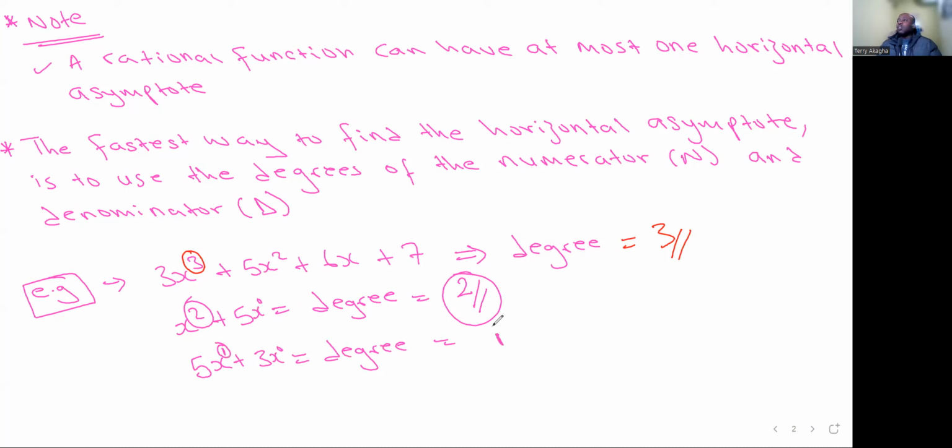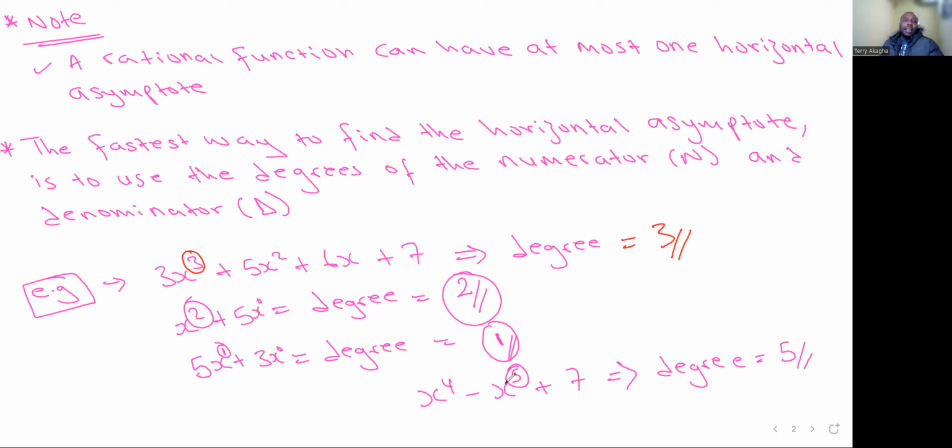So the degree is going to be 1 in this case. Even if you have something like x raised to power 4 minus x raised to power 5 plus 7, and you ask what is the degree, the degree is going to be 5, because the highest power of x is 5. That's basically what I'm talking about.